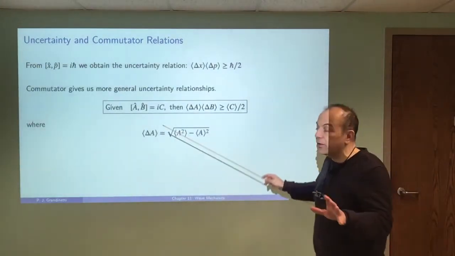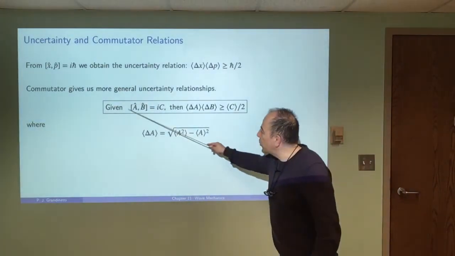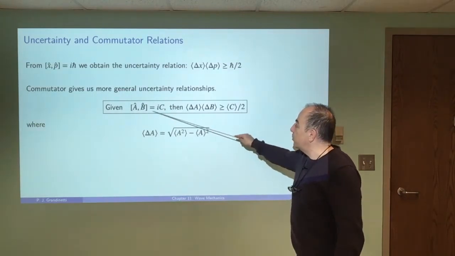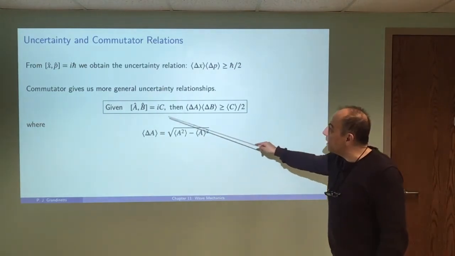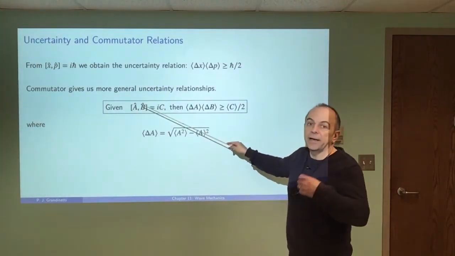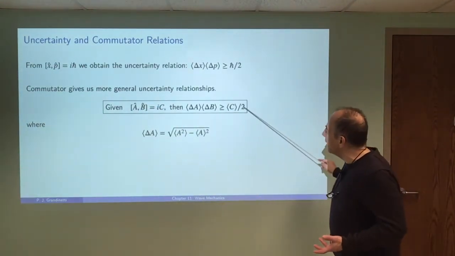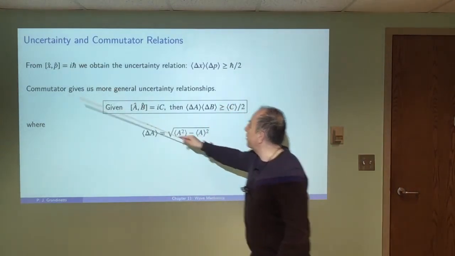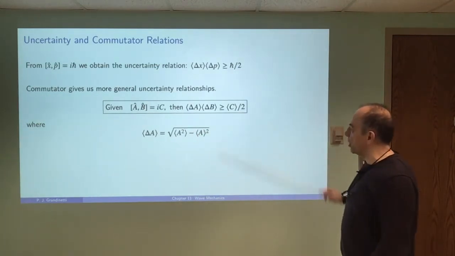There's a very general rule in quantum mechanics which says that if your commutator gives you a non-zero value that you can write in this form, i times c, then that will imply that there's an uncertainty between the observable associated with A and the observable associated with B, and that's going to have this form here. So you can see that this commutator translates to this uncertainty relationship given this general rule.